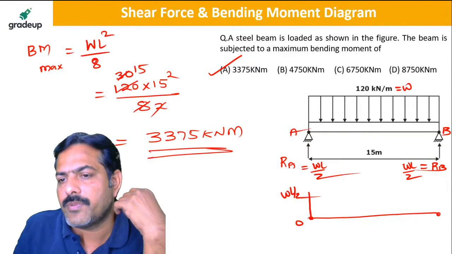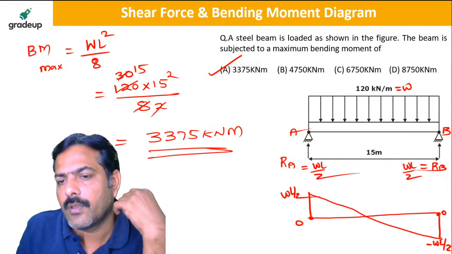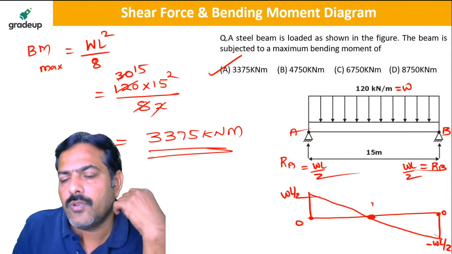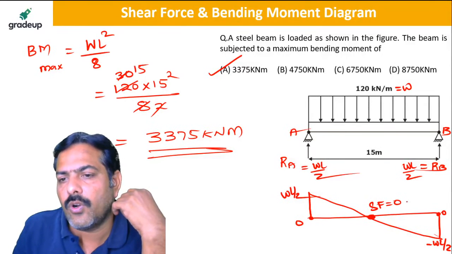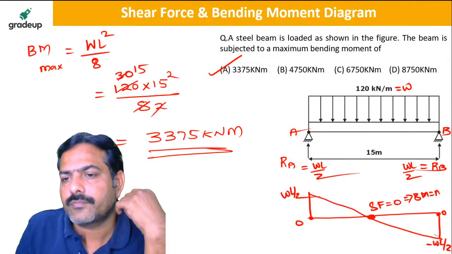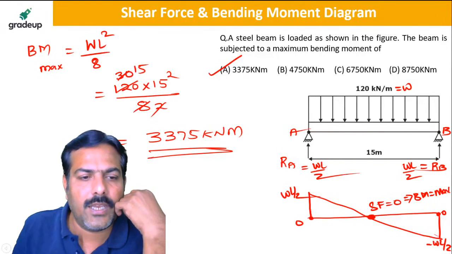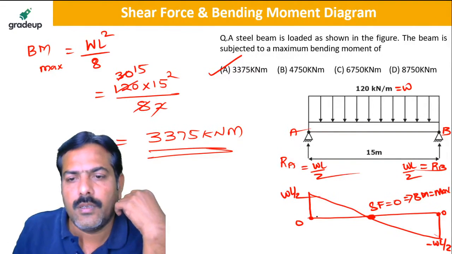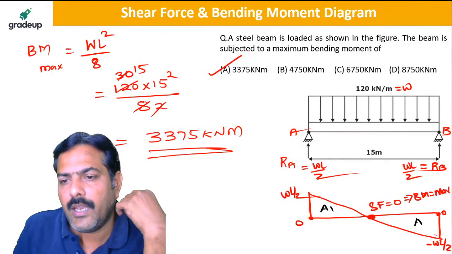And it will vary from 0 to minus WL by 2, and you will be getting a linear curve. So at this point, you see that the shear force is equal to 0, which means bending moment is maximum. So either you take area A1 or area A2.